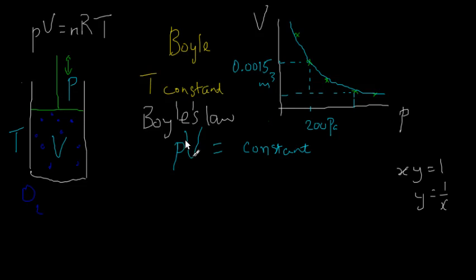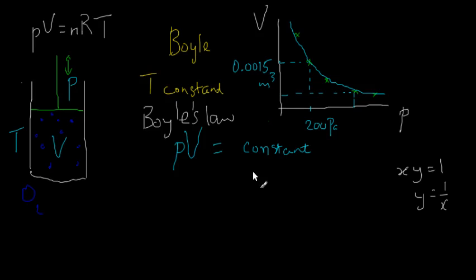When the pressure is big, the volume must be small, so that when you multiply the two, you always get the same number for a given gas. Of course, if you do it for another gas or another volume or temperature, you will get a different constant for that other box of gas.